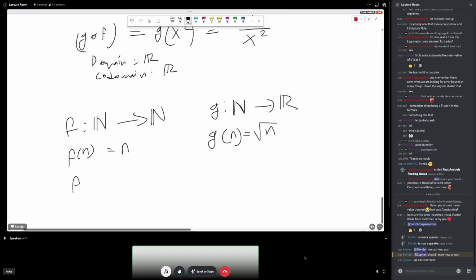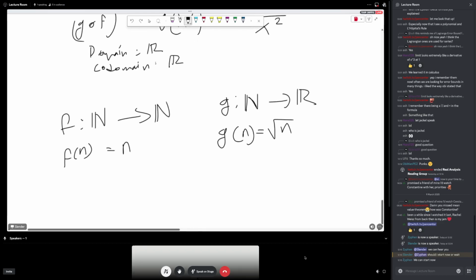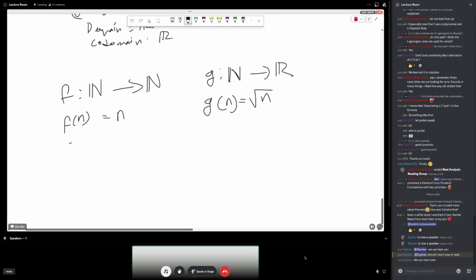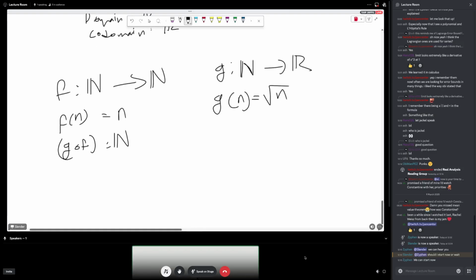If we composite these functions, first we apply f, then we apply g. We cannot do the other way around. We can only do this because f has the input from the natural numbers and the output in the real numbers.